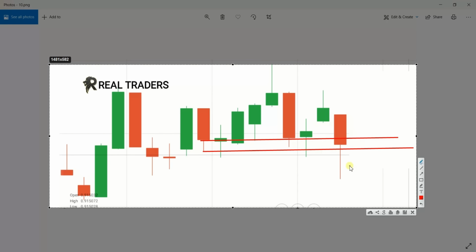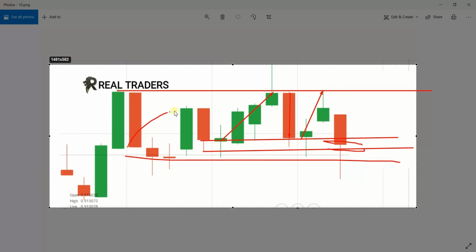So the level is very strong, because you can see it started the momentum. Again the sellers tried, again you can see the buyers enter, and again now the market is at the level, and it is a ranging market, right?